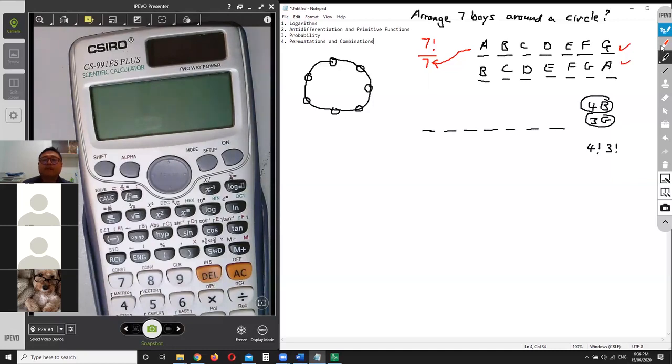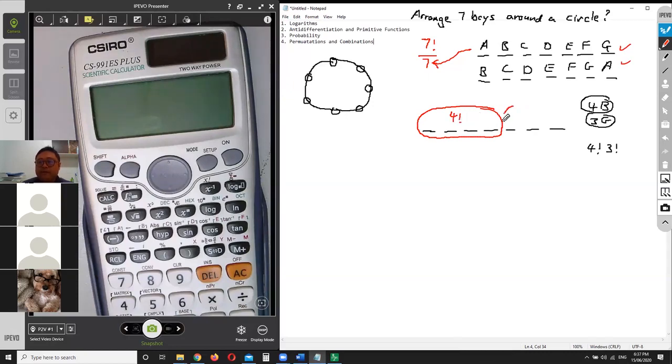Okay, so Reef, tell me why you chose 4 factorial times 3 factorial. Well, it's basically 2 groups, and then there's different arrangements in the groups. So the boys have to be together. So these 4 boys, and that's 4 factorial.